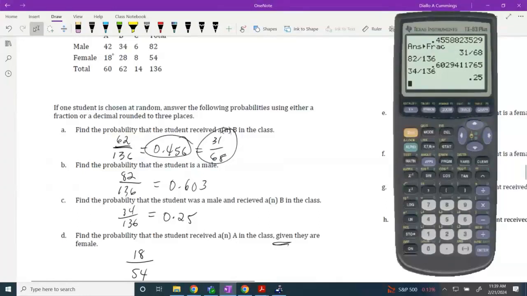So that probability is 18 divided by 54, which is 0.333. So anytime you see the word given, your denominator is limited to only a certain category. Okay, in this case, only the females.